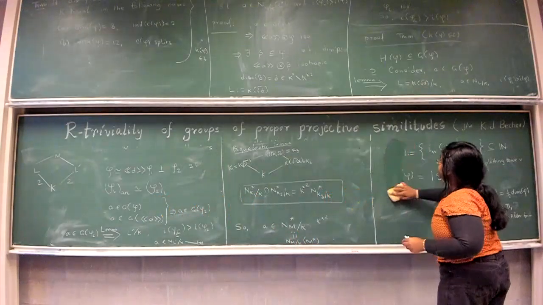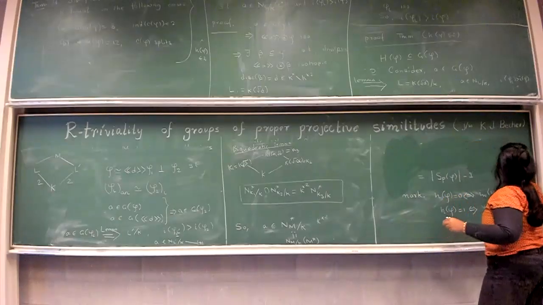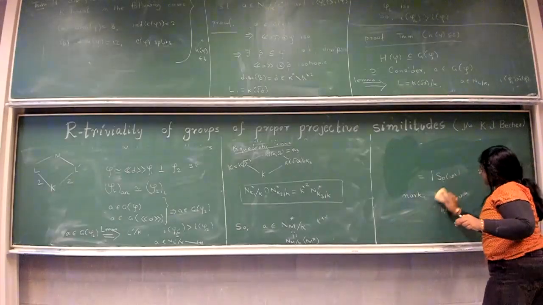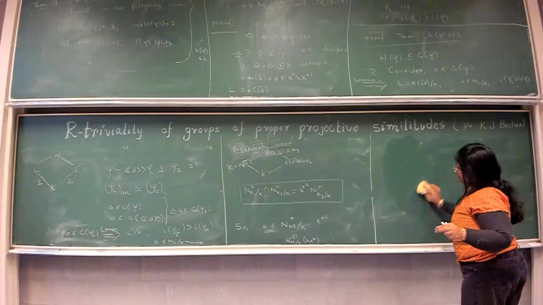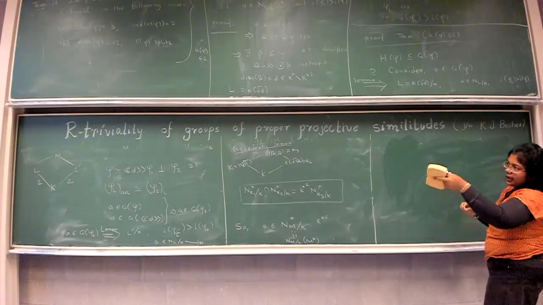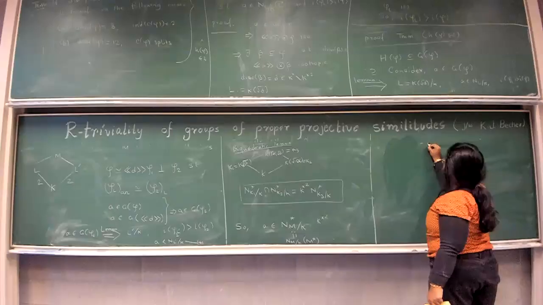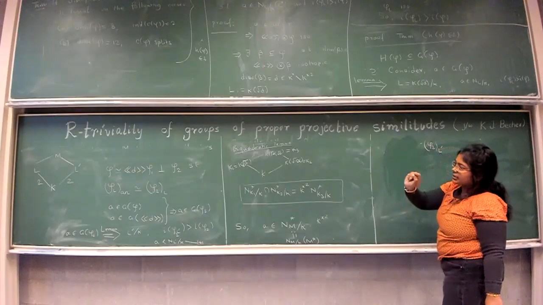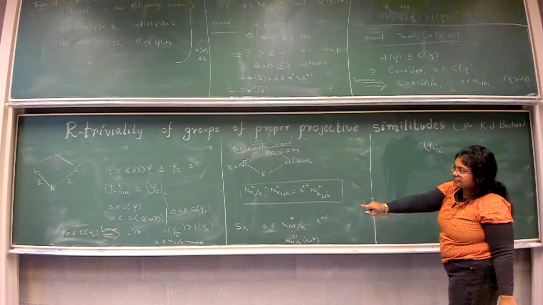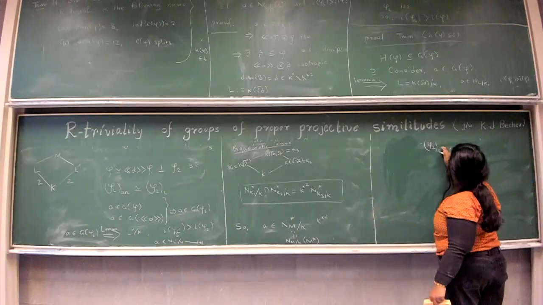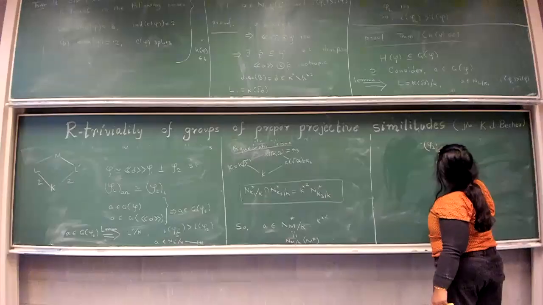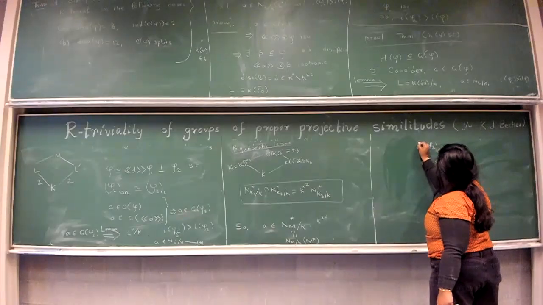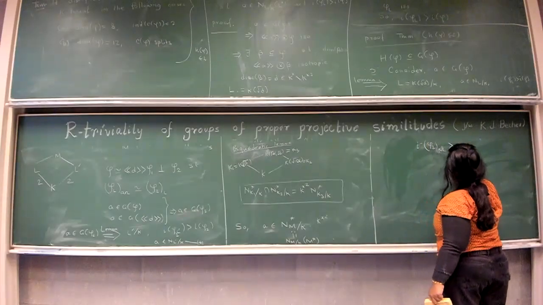So already we have that. So over L dash, this form is, so already we have this.